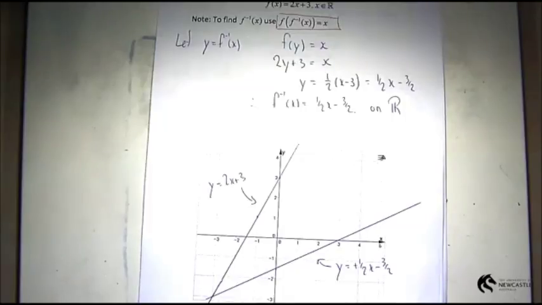If x is equal to 2, what power must 2 be raised to give 2? And the answer is 1. So it goes through the point 2, 1. If I've got 4, what power must 2 be raised to give 4? It's 2 squared, and so on. So the log graph will look like this. That will be my graph of log x to the base 2.